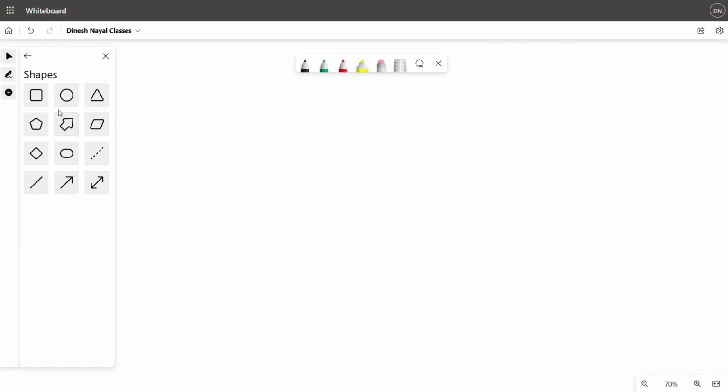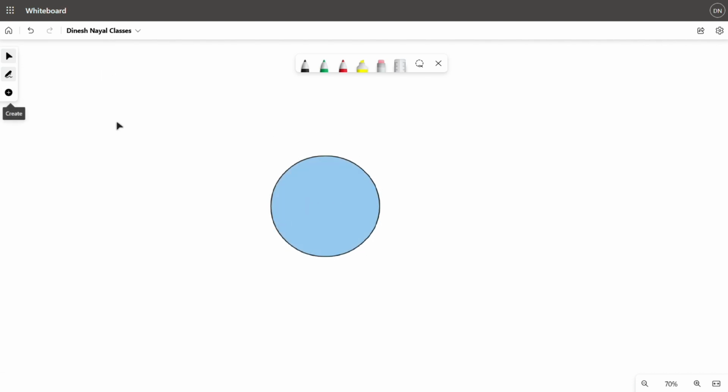Let's draw a circle. So you can see, now this is a circle. From an external point the two tangents are drawn. So let's draw the two tangents on the circle.